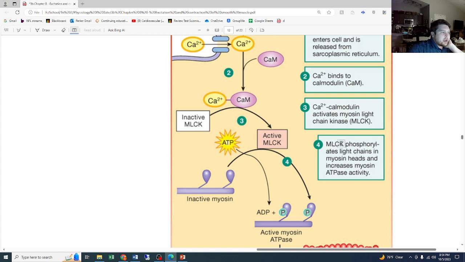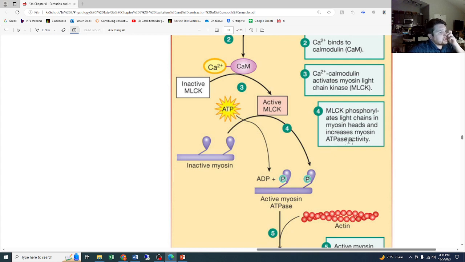So the MLCK, that myosin light chain kinase, is going to phosphorylate the light chains in the myosin head and increase the myosin ATPase activity. So if you remember, the myosin heads are going to release when ATP binds to them, and they're going to reset and cock and get ready and be full of energy in order to latch on and perform a power stroke.